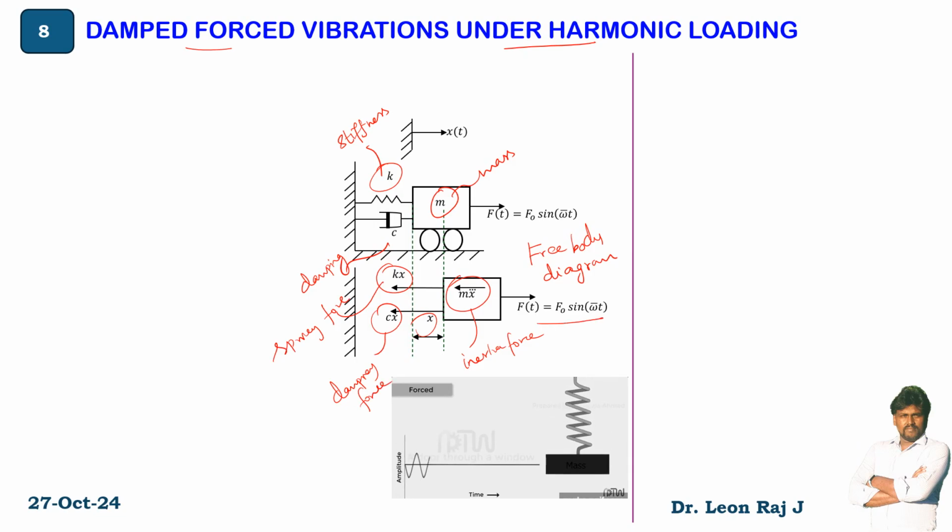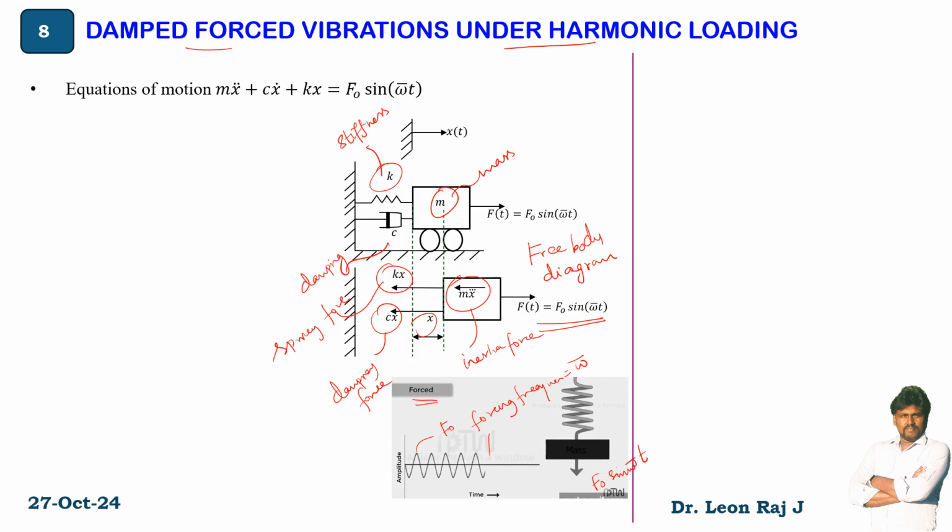And the externally applied force is F0 sine omega bar t. So here the amplitude is F0, and the forcing frequency is equal to omega bar. This animation shows the forced vibration.